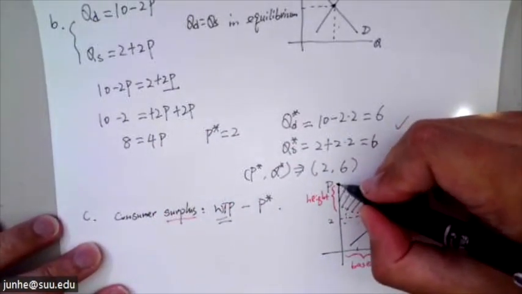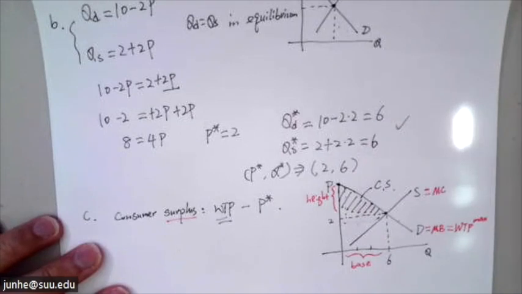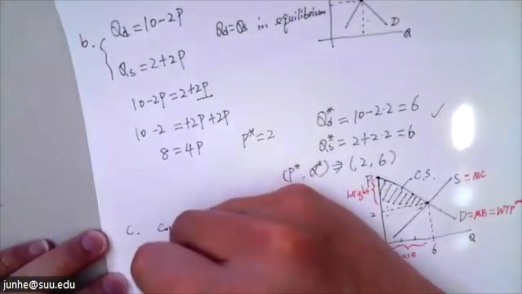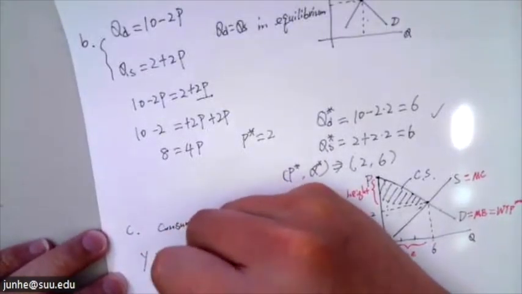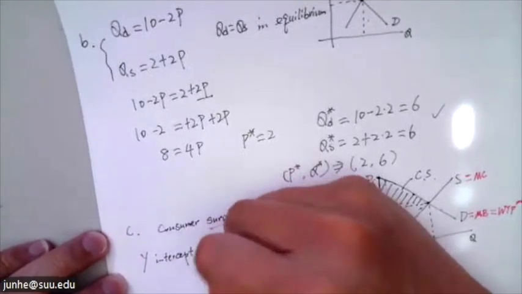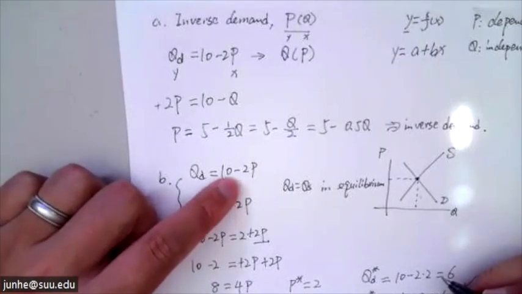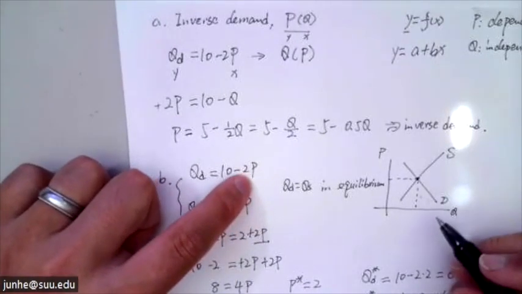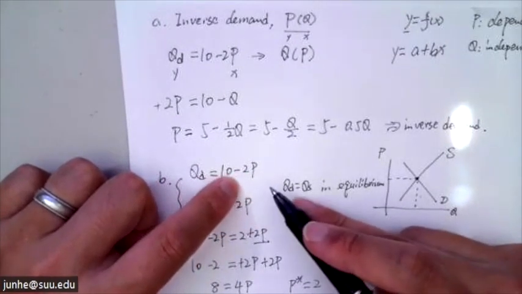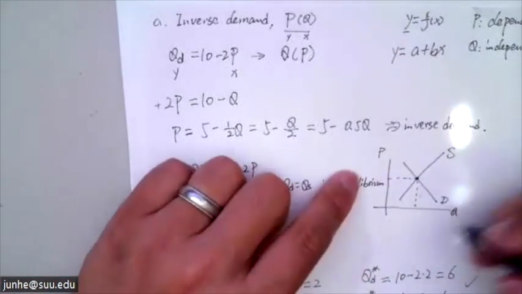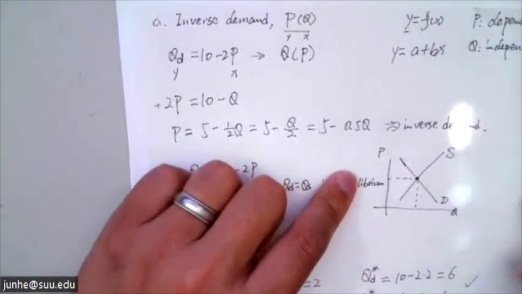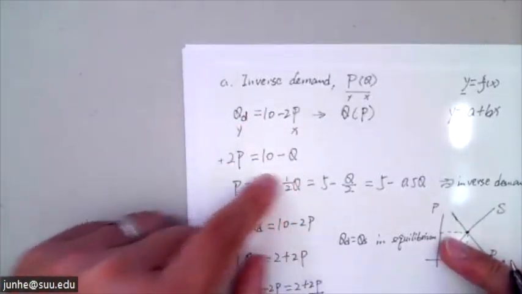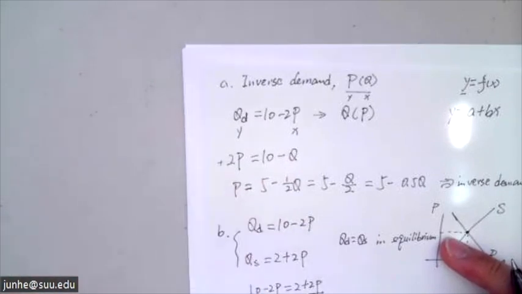And here the point that we need is the y-intercept of demand, that is, when Q equals 0, what P is. Note here we are looking at the inverse. So we can utilize the inverse that we found in our first question.